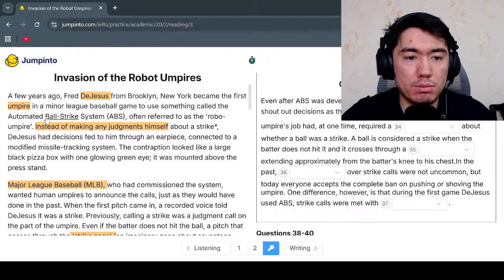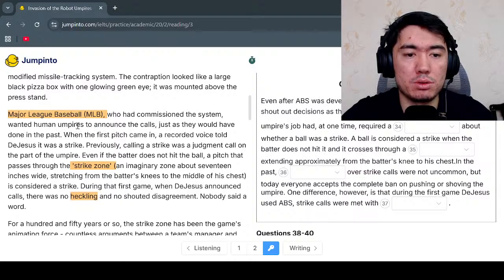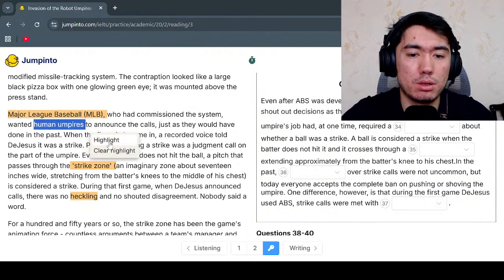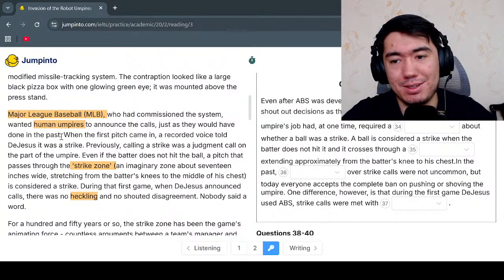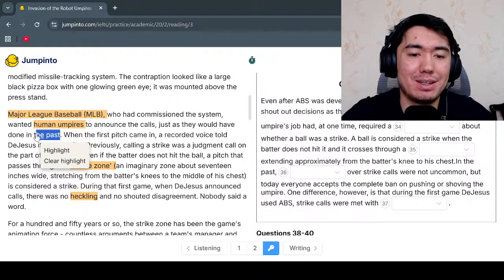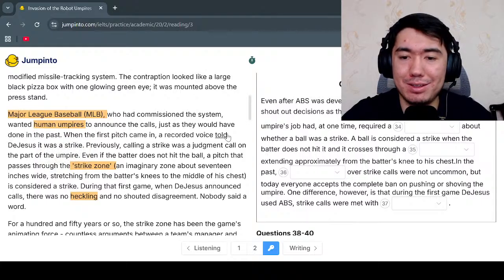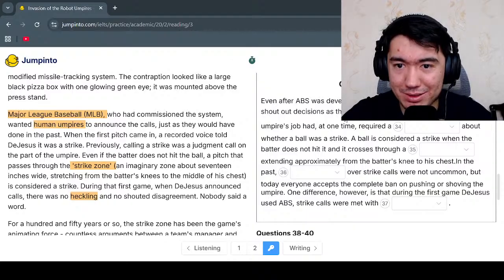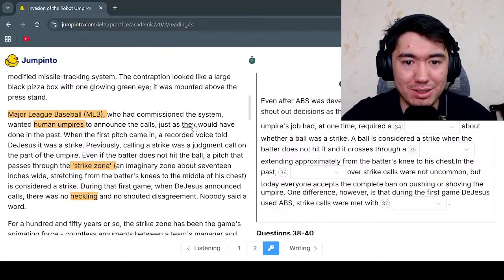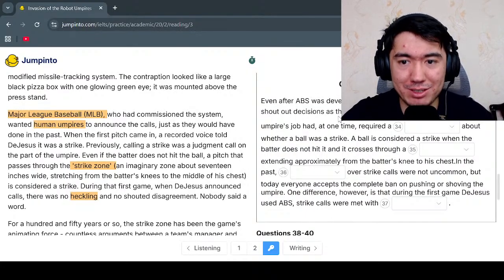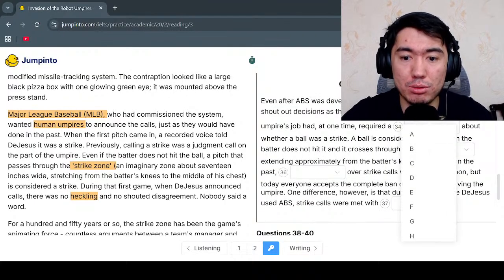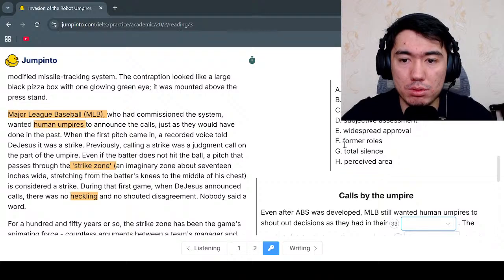So they wanted human umpires to announce, just as they would have done in the past, as they had in their past.